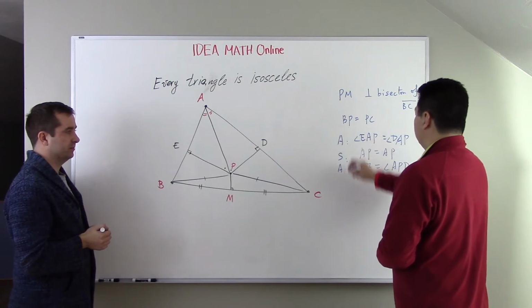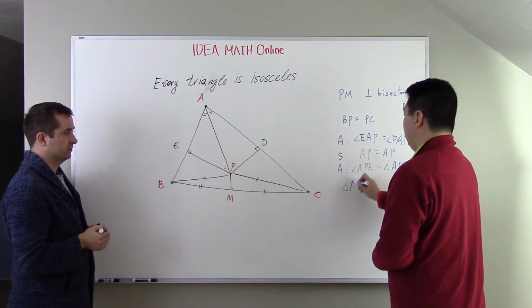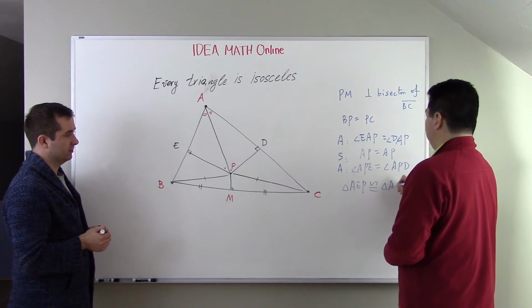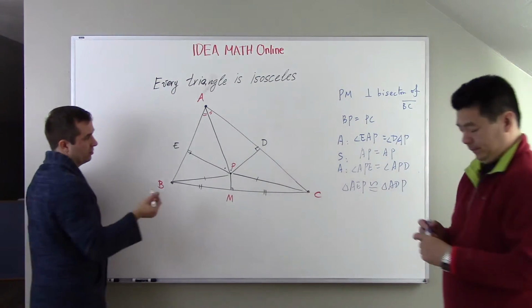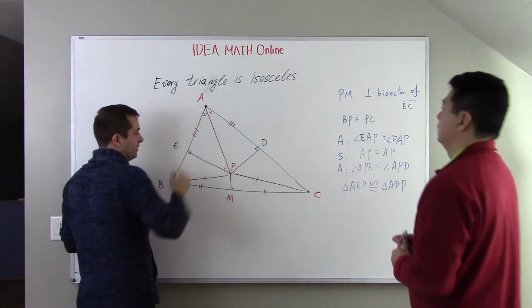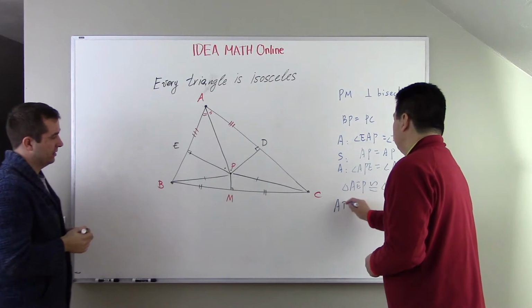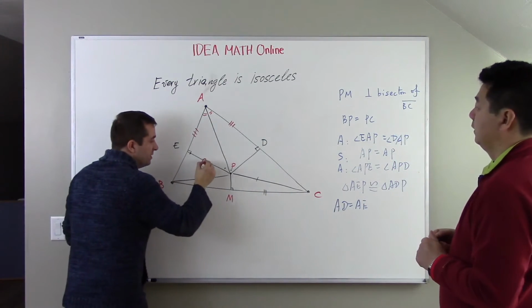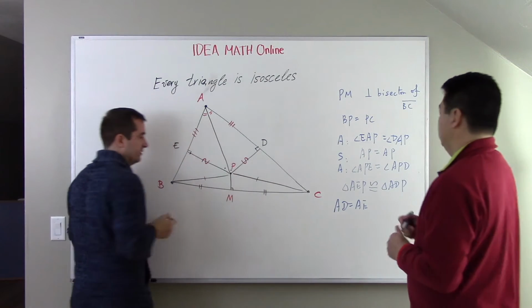So by side-angle-side, triangle AEP is congruent to triangle ADP, which gives us that AD is equal to AE. Good. And moreover, P is equal to P.